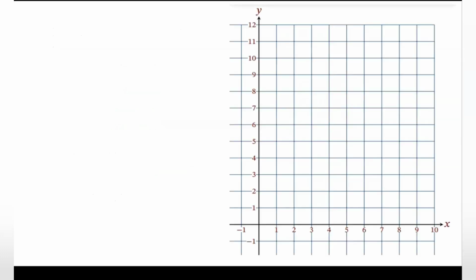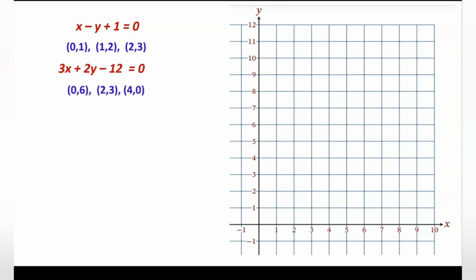Now coming to the graph, let us once again write all the points to be plotted here: (0, 1), (1, 2), (2, 3) for the first equation, and (0, 6), (2, 3) and (4, 0) for the second equation. Let's start plotting them. First equation points are (0, 1), the second point (1, 2), and the third point (2, 3). Let's connect them with a line.